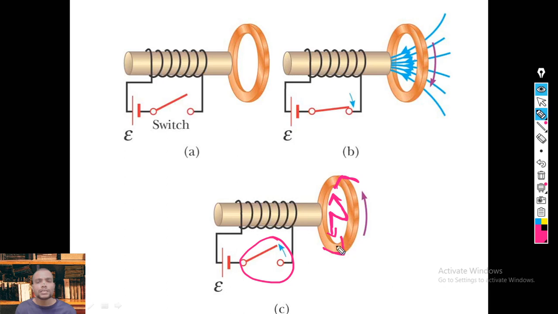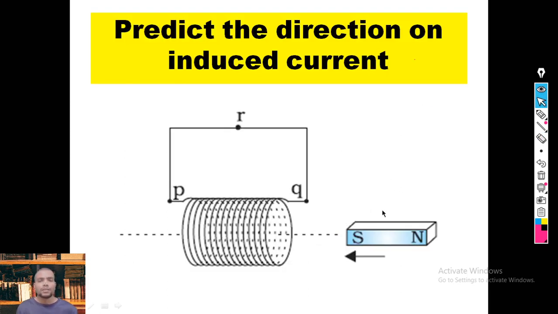Now the copper ring current flows again in the anti-clockwise direction, which contributes magnetic north. Let us try to apply this to certain given cases in your exercise.